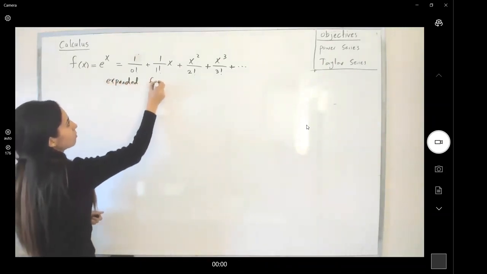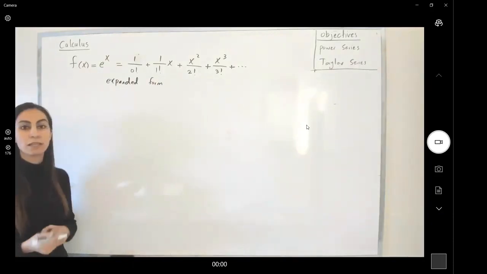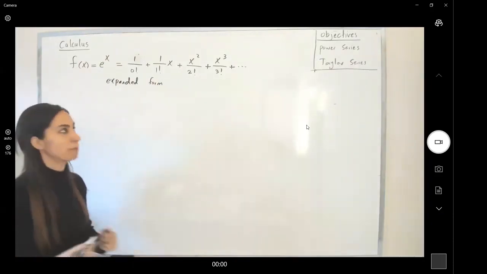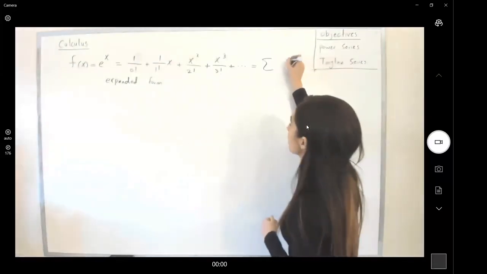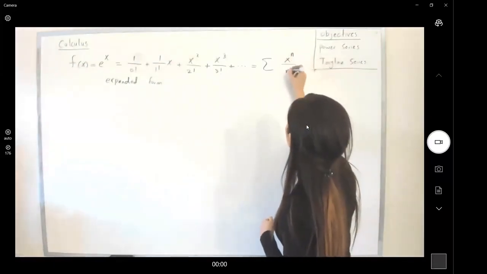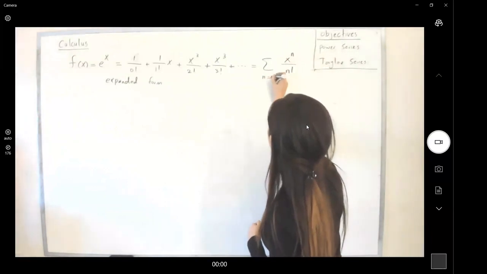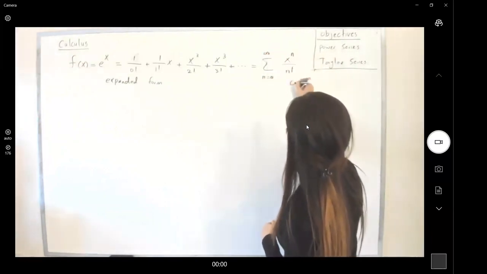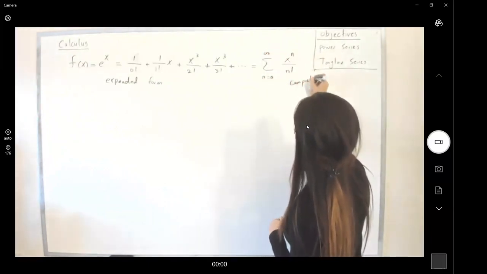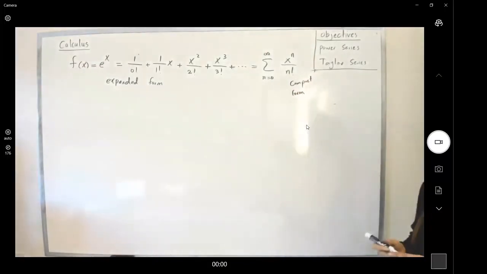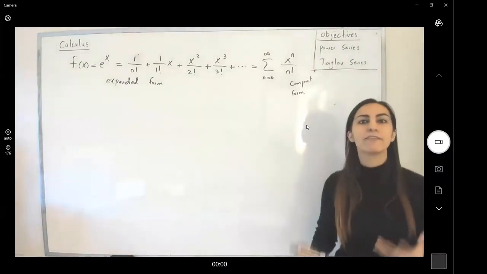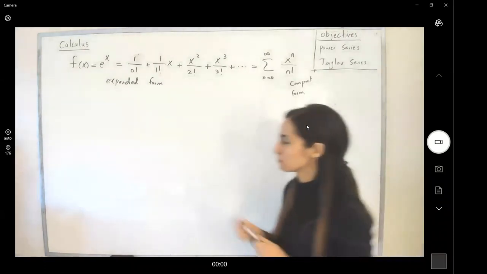We saw that we can write this in compact form as the sum of x to the n divided by n factorial, starting from 0 and going to infinity. Compact form. Well, now I expect you to ask, what if I plug in different values for my x?